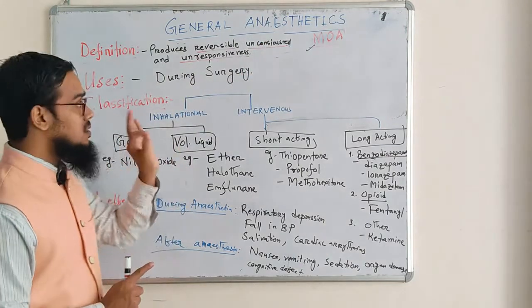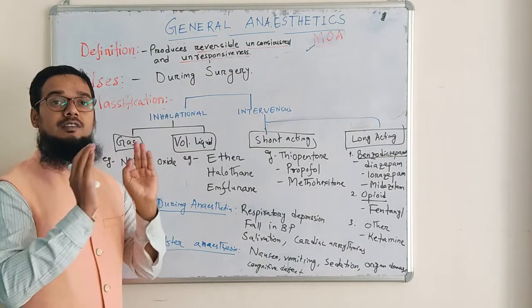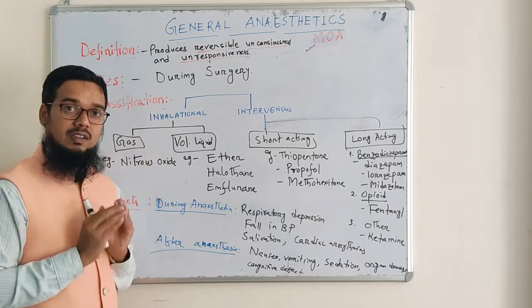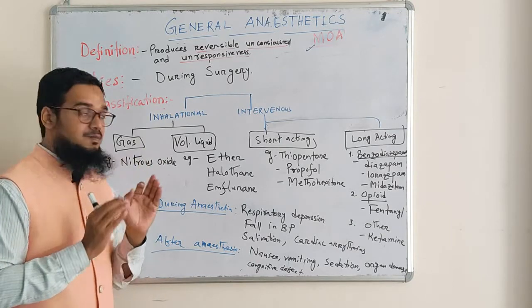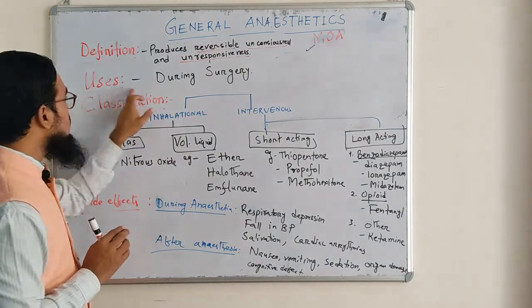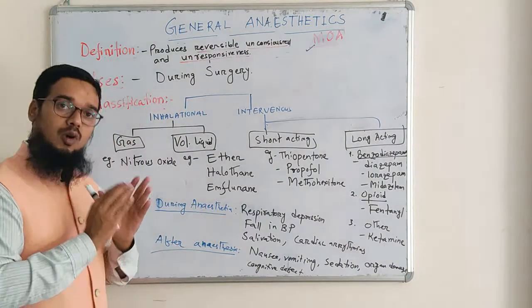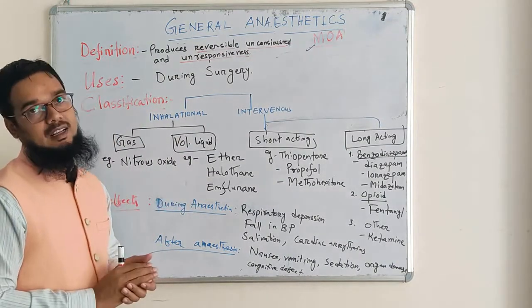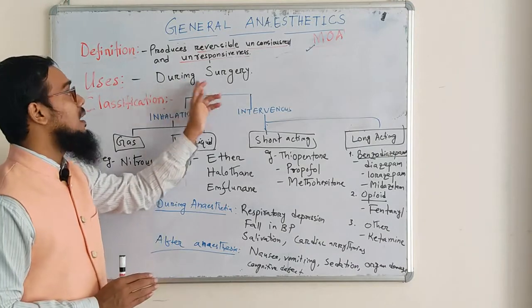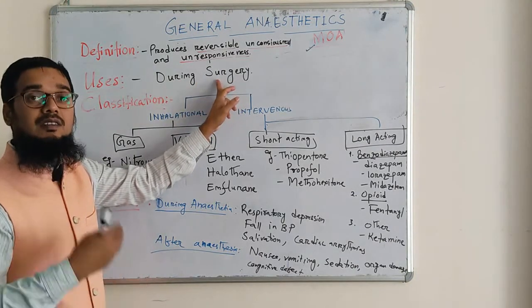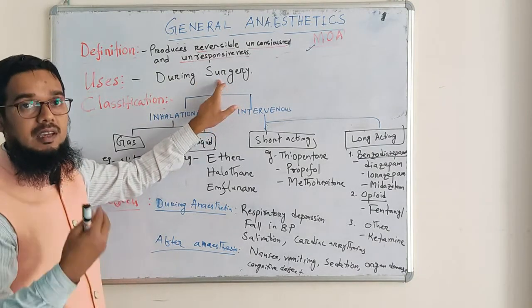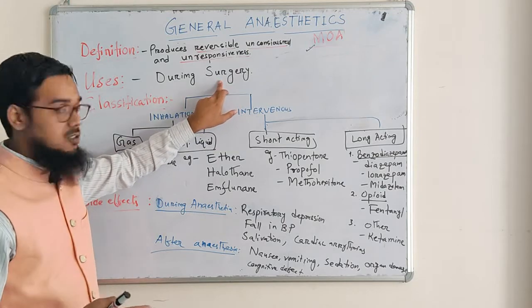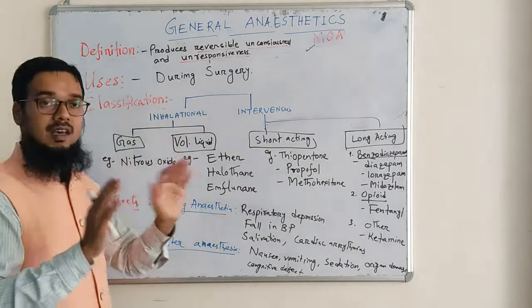So this is the definition of general anesthetics. Now, what are the uses of general anesthetics? They are used mainly during major surgery, not minor surgery.